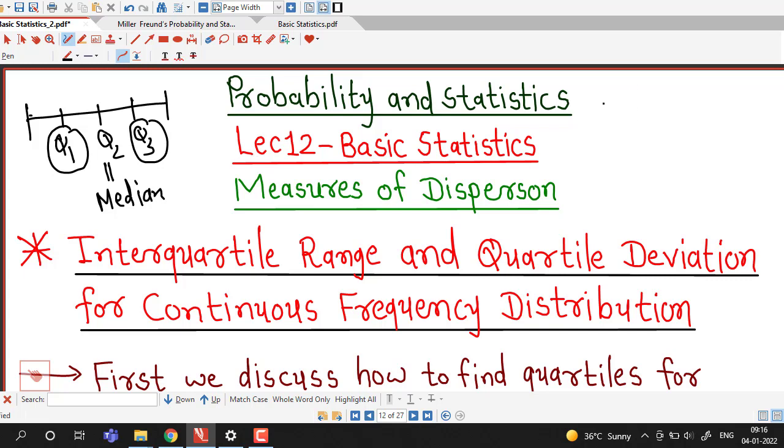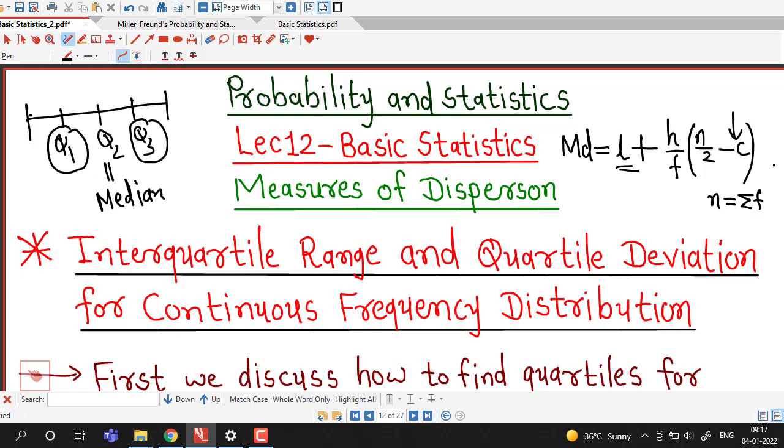The method is the same. If we recall the method of finding median, the formula for median in case of continuous frequency distribution is L plus H by F times N by 2 minus C, where L is the lower limit of median class, H is class size, F is frequency of median class, C is the cumulative frequency of the class preceding the median class, and N is sum of all the frequencies, that is total number of observations.